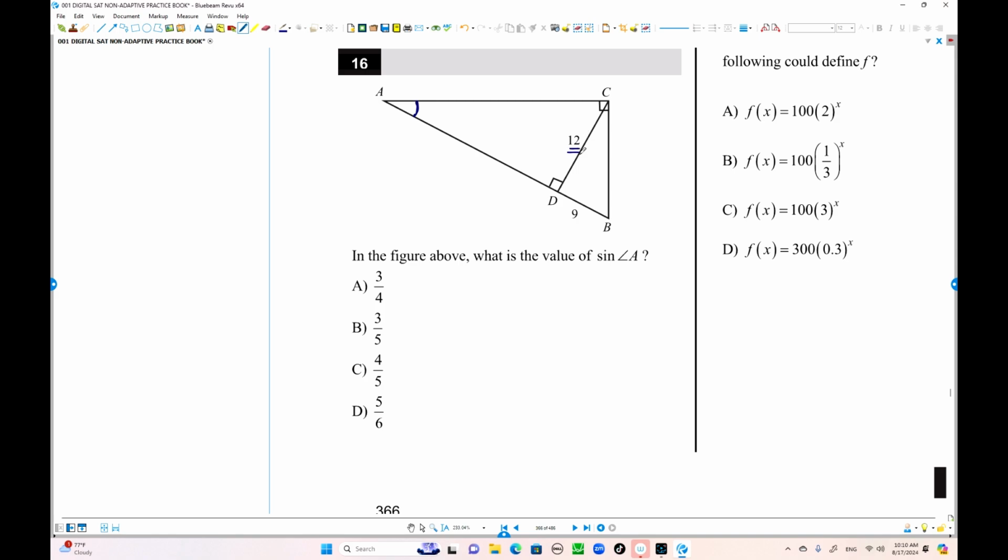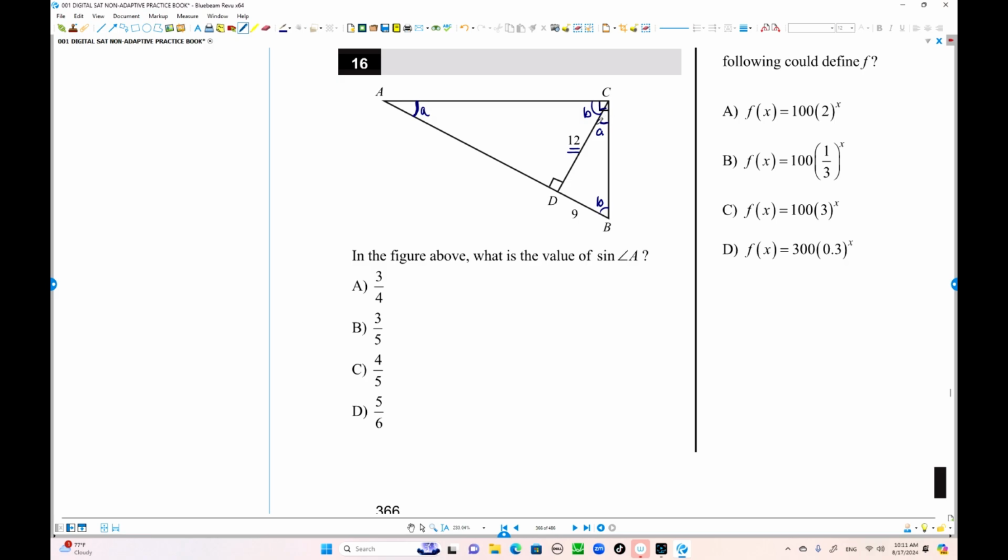So you may have some other idea. Yes, find equal angles, congruent angles. If this is angle A, this is angle B, we know that angle A plus B is 90. So these two angles are congruent.